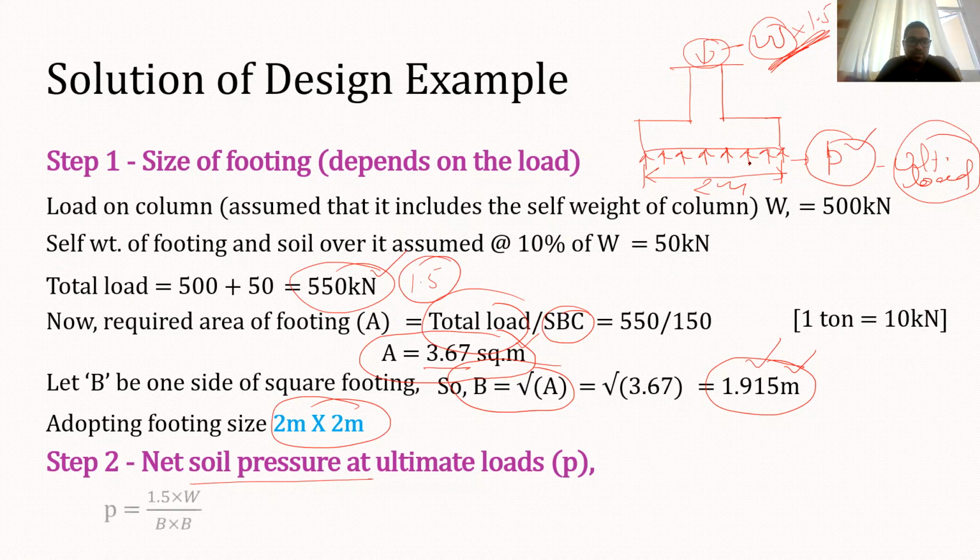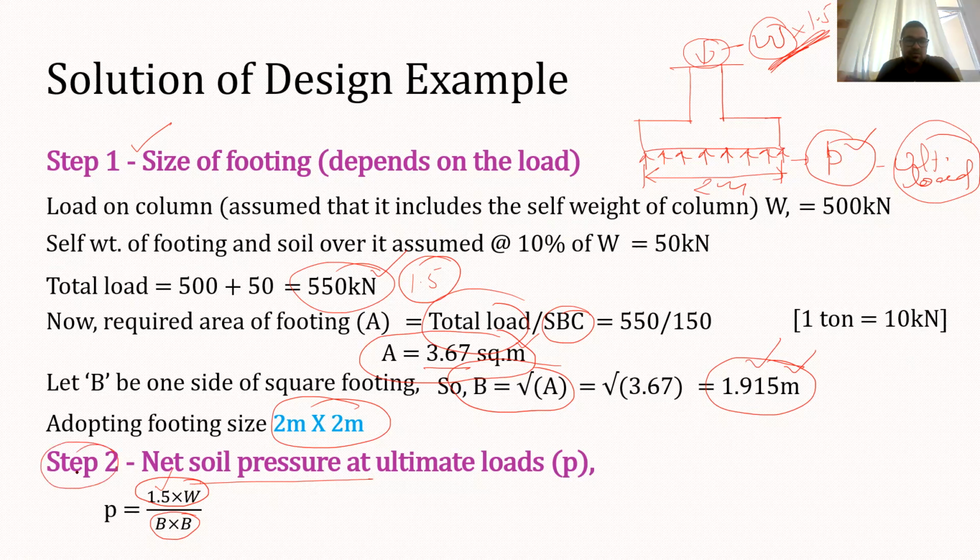Therefore, here the net upward pressure will be the load coming from the column multiplied by the load factor and divided by the area of footing provided. You need to remember that in step 1, we consider the serviceability limit state and apply a load factor of 1.